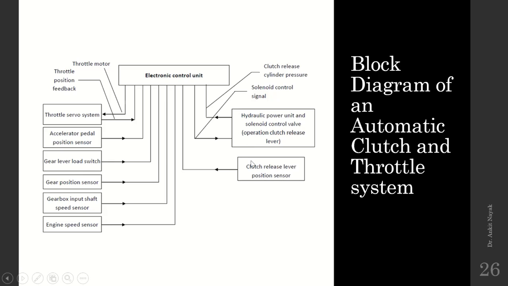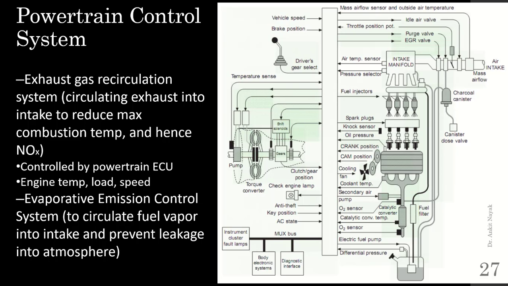So these are the different values which we require to supply to the electronic control unit in order to actuate the automatic clutch throttle system. This system will supply the relative parameters to the throttle servo system, and it will also supply the solenoid control signal and the clutch release to the hydraulic power unit and solenoid control valve. So this is the working, or block diagram, of the automated clutch and throttle system.